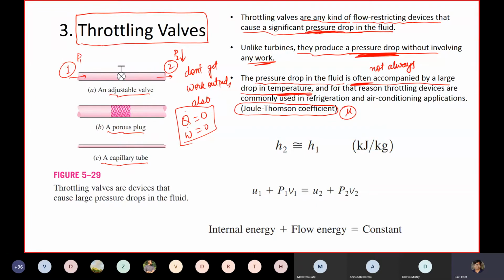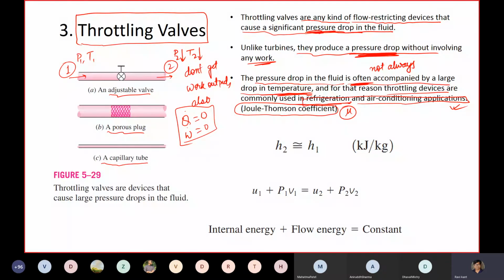Because of this, these throttling devices are commonly used in refrigeration cycles and air conditioning systems. The temperature here drops significantly since pressure decreases. And you can actually freeze things here.